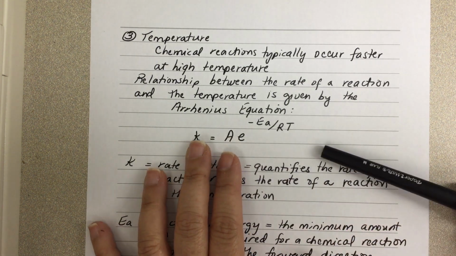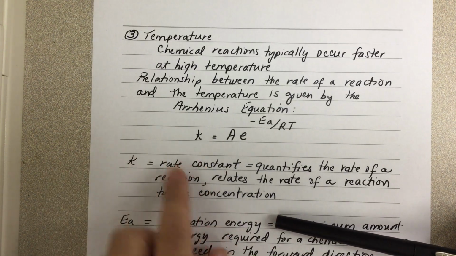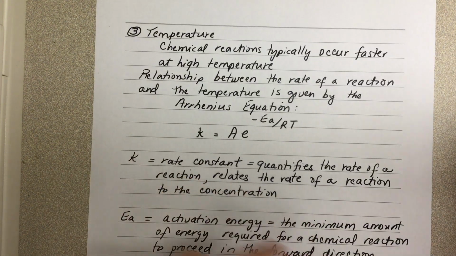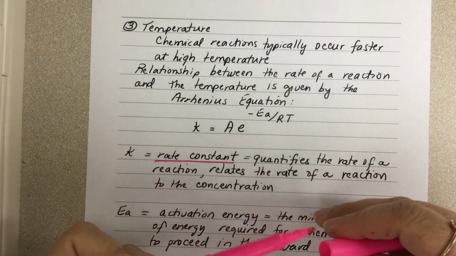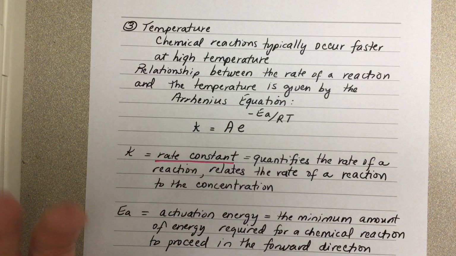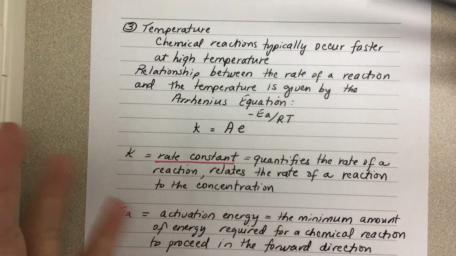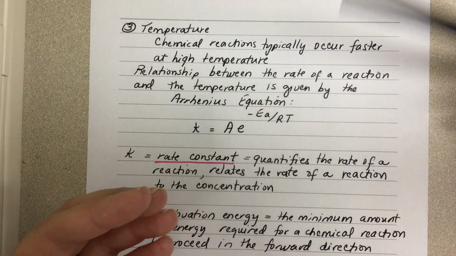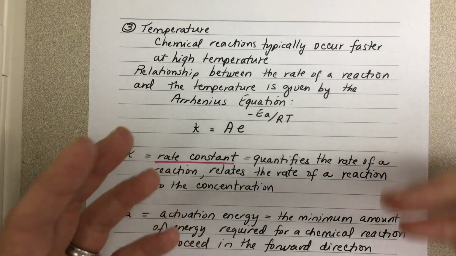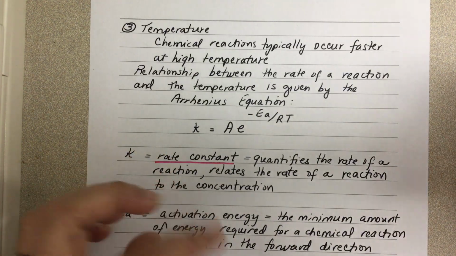We have the Arrhenius equation here, which is relating the rate constant, which is the first time that we see that one, with the temperature, and we're going to keep using the rate constant for the remaining of the topic. So in this equation, we have several things. We have our rate constant, which is just a number that gives you an idea of how fast the reaction is happening.